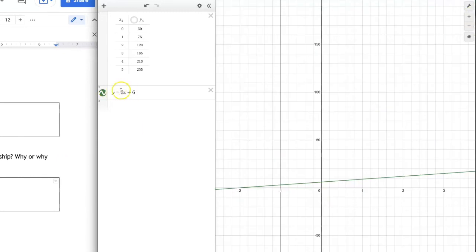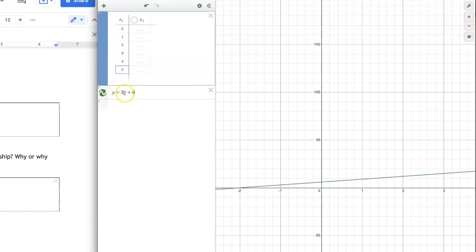So how can you solve this if you don't have Desmos up? Because I don't think you're going to be able to use Desmos on the test. Well, you'll need to plug in 1, 2, 3, 4. Oh, actually, let's do 0, 1, 2, 3, 4, 5.